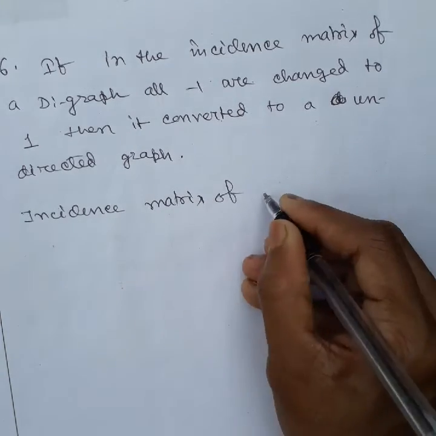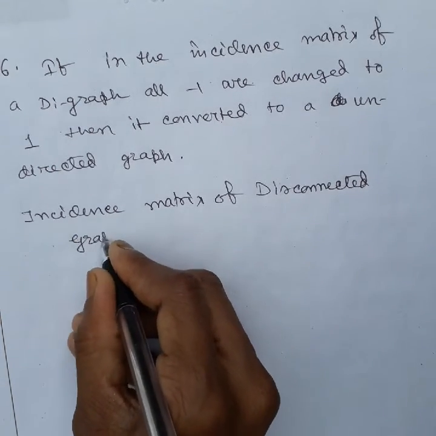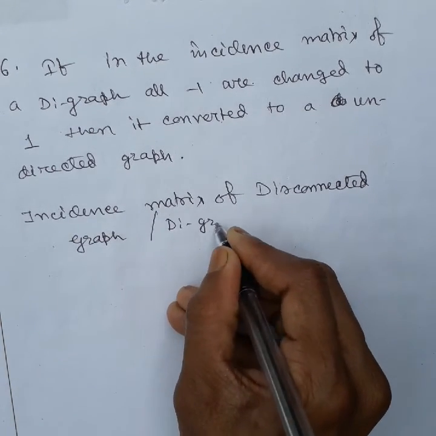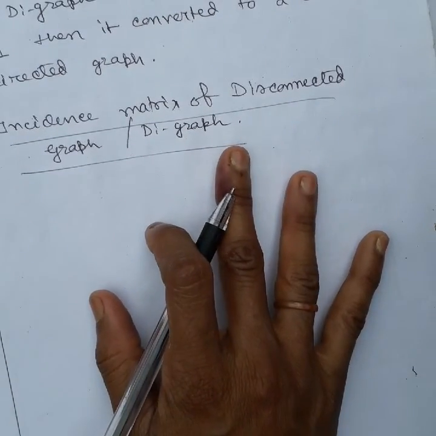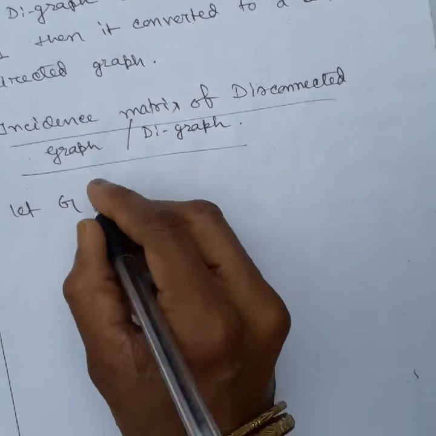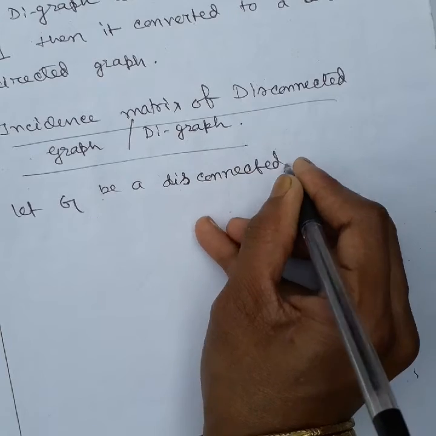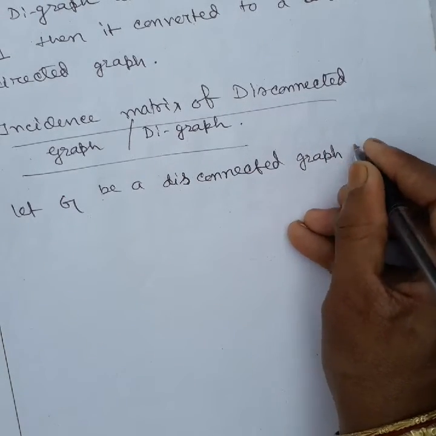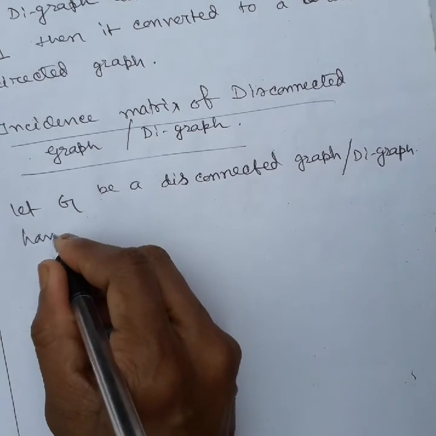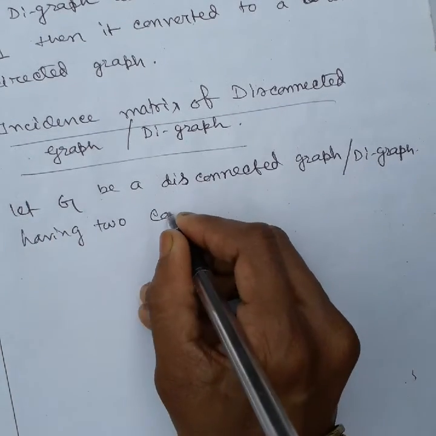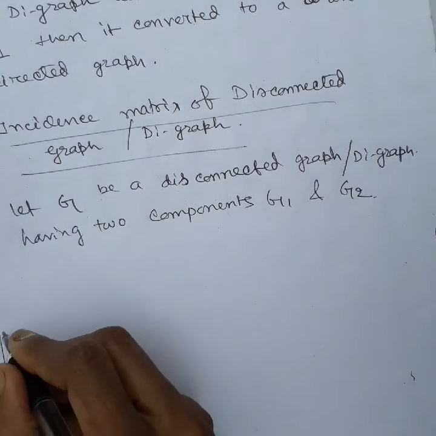Incidence matrix of a disconnected graph or digraph. Okay. Let G be a disconnected graph or digraph having two components, G1 and G2.